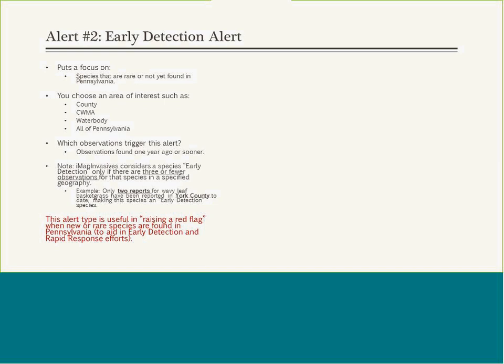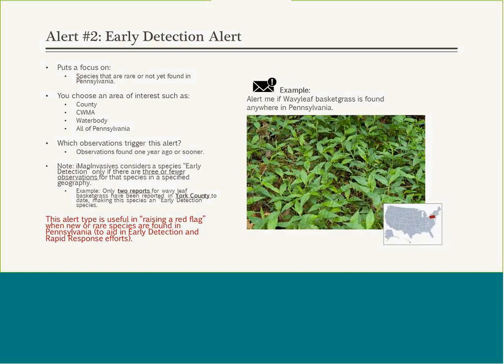So this alert type is really useful as far as raising a red flag when a new or rare species is being found. So if you're out doing early detection work, this is an alert that you might want to keep in mind. Again, using that wavy leaf basket grass example, this is actually a species that was found for the first time in Pennsylvania last year. So this is a really appropriate alert to set up.